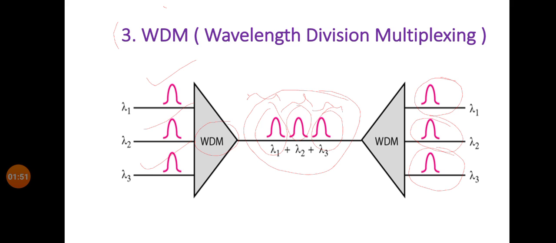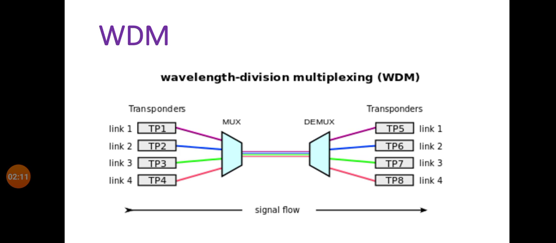You might have studied in your PU or in your high school that when a white light beam goes through a prism, it separates into individual colored light beams. Each light beam has a different wavelength. For example, see here.